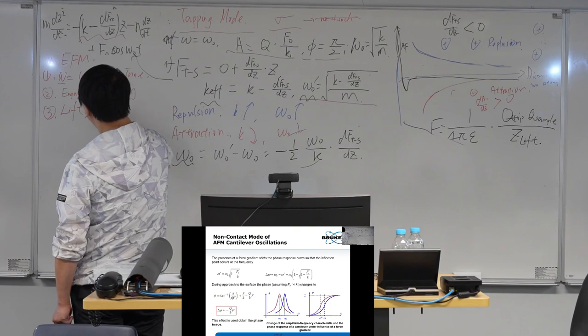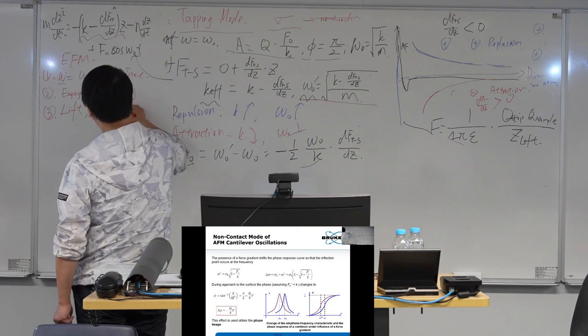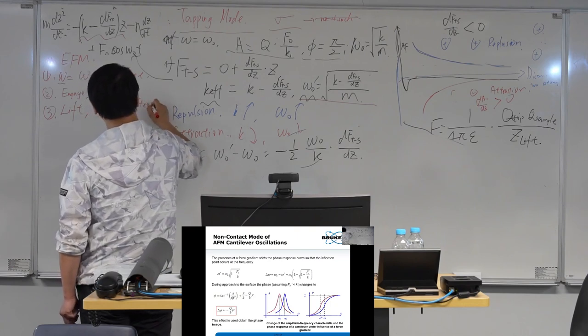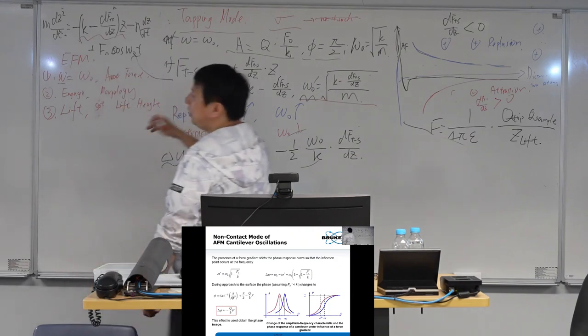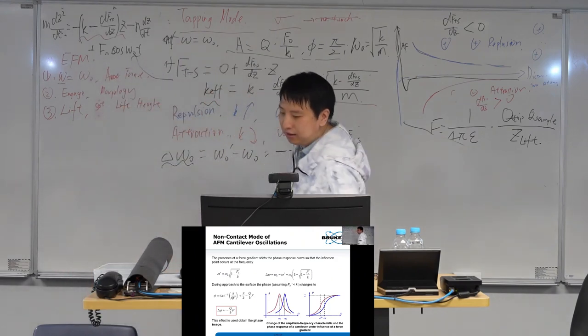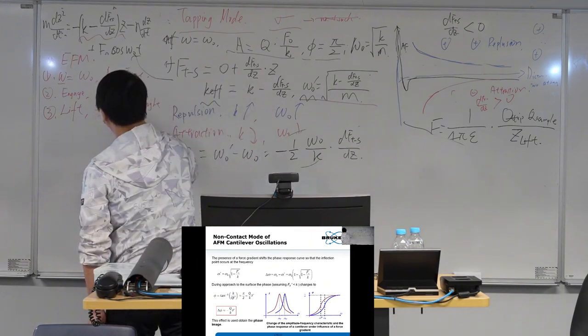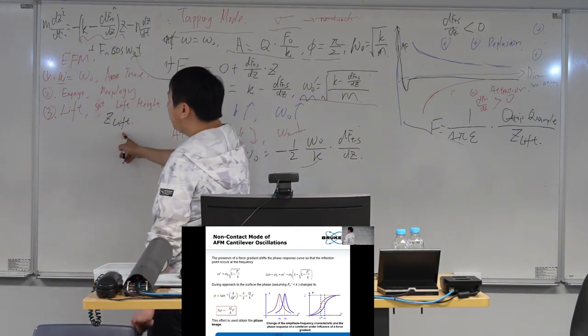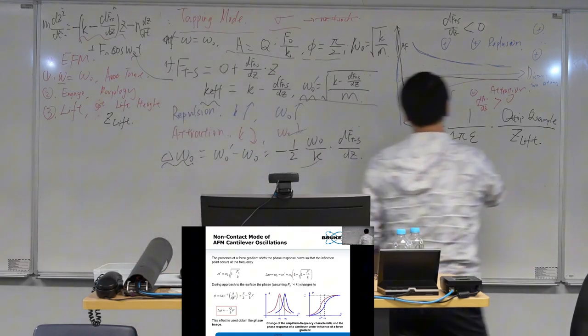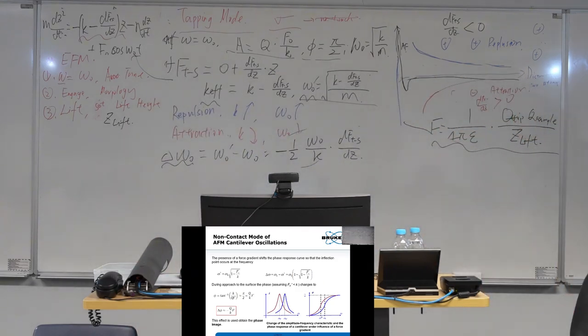We set the lift height. This so-called lift height, we write it down as the Z lift. How will it change the electric force, right? It will change the electric field force.